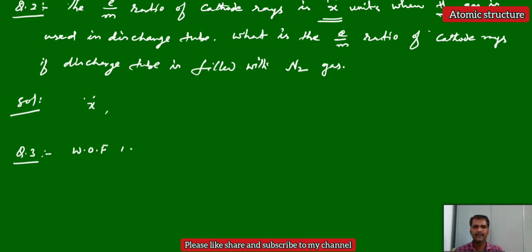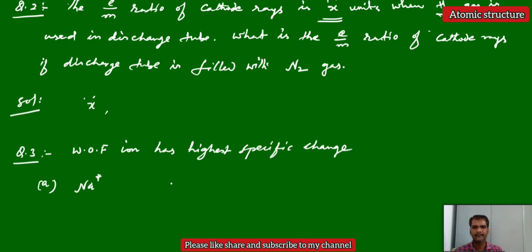Which of the following ions has the highest specific charge? Let us see here. 4 options are given like this.